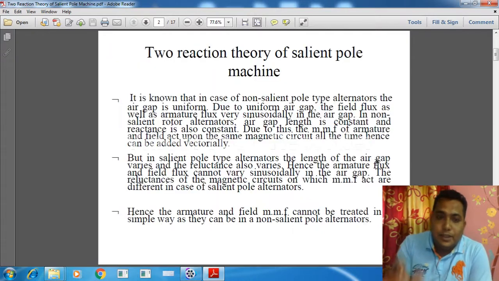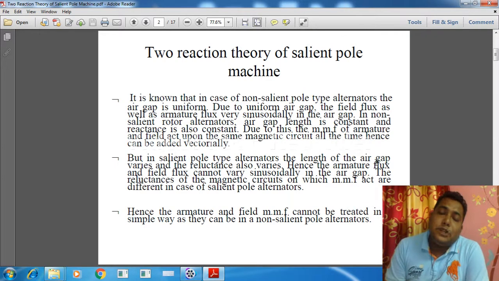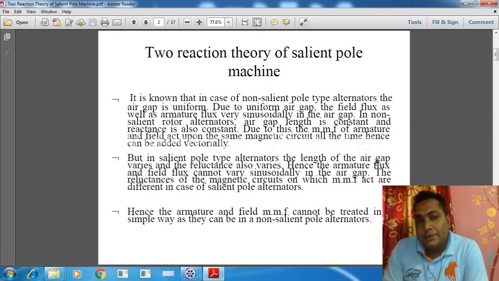So what does the two reaction theory of the salient pole machine say? It is known that in non-salient pole type alternators, the air gap is uniform.